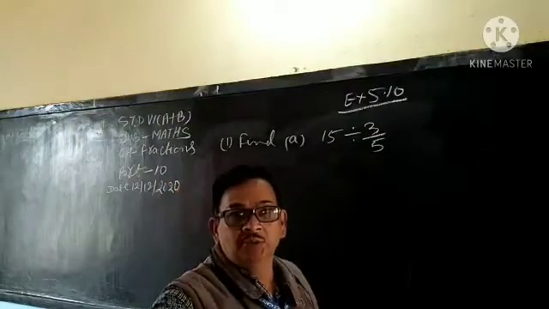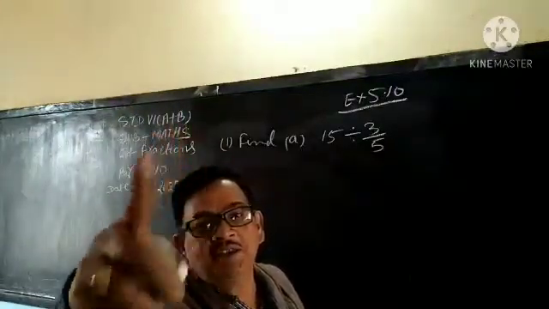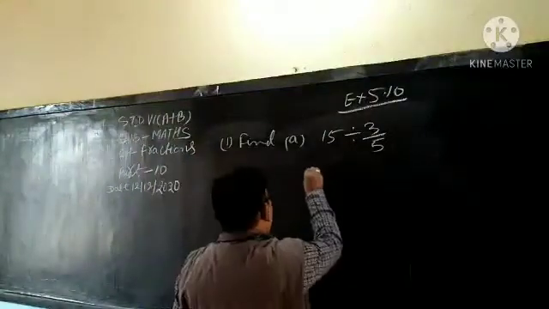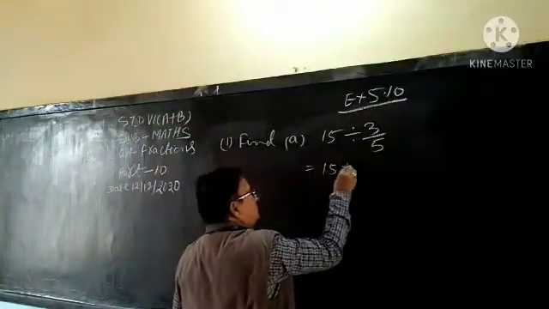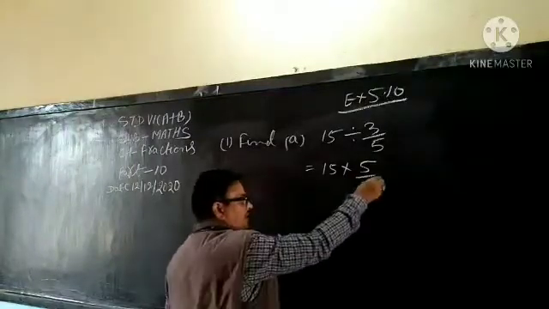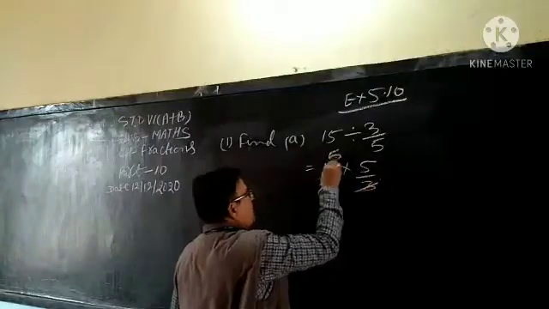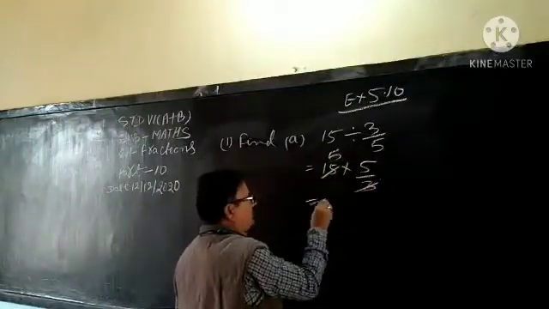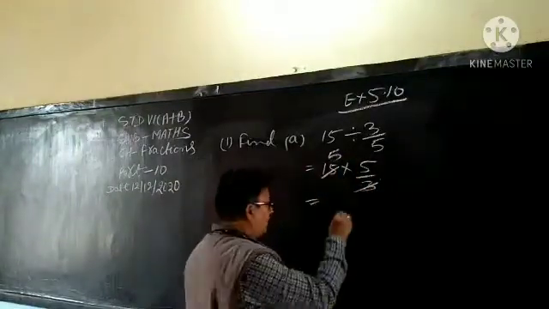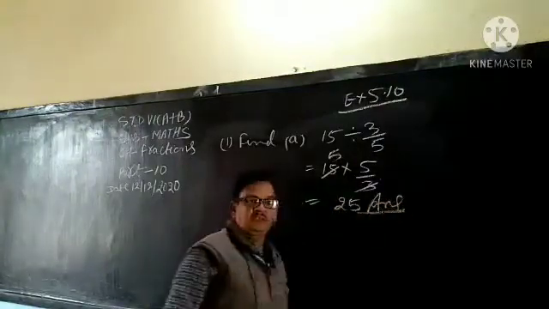Reciprocal means numerator will change into denominator and denominator will change into numerator. So 15 into 5 will go up and 3 will come down. 15 divided by 3 is 5, and numerator multiplied by numerator, 5 into 5, what is your answer? 25 will come. Is it clear?